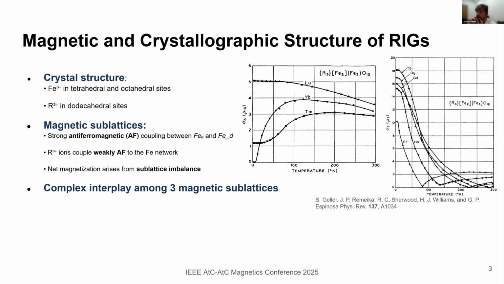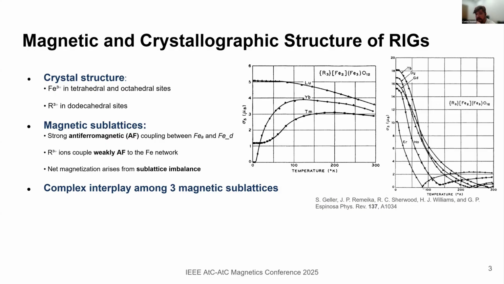Before we talk about the films, we talk about the magnetic behavior in the bulk systems, which is very important. Here you see the magnetic moment versus temperature with different rare earths. You can see terbium, dysprosium, and gadolinium have a high magnetic moment associated with these atoms. So it's possible to observe one very important phenomenon, the compensation temperature, in these materials.